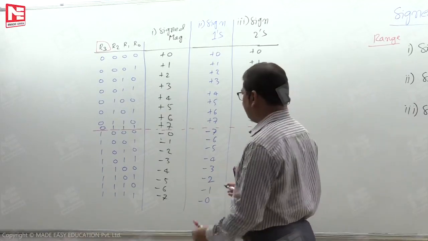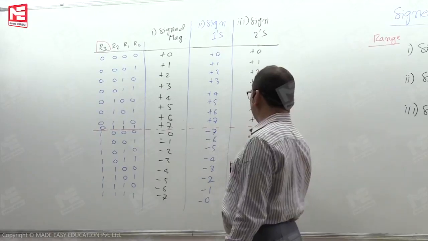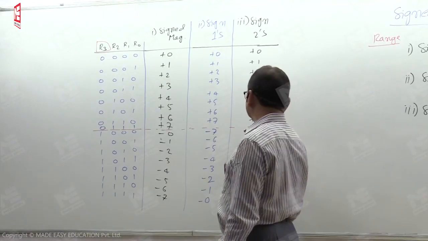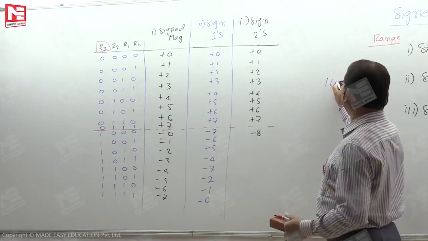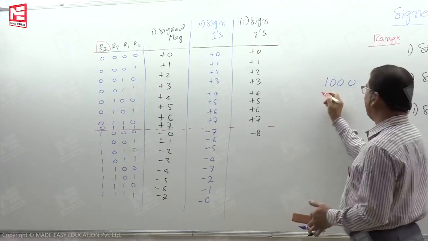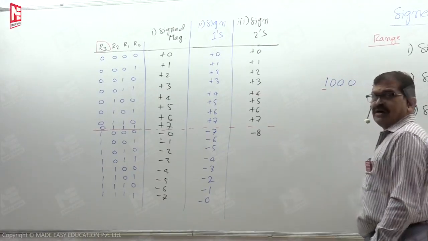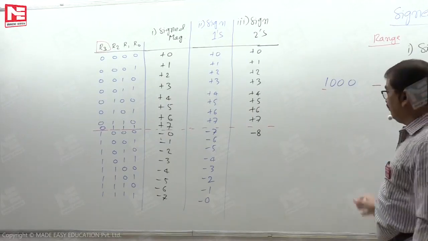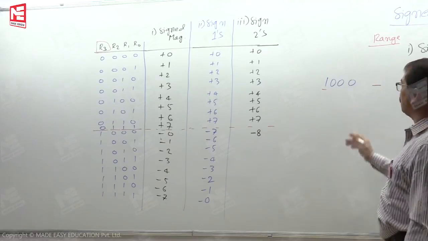If you look here, 1, 0, 0, 0, this is minus 8. Looking at the sign bit, we have a negative number. To read the true magnitude, we need to perform the 2's complement operation on the total content of the register.